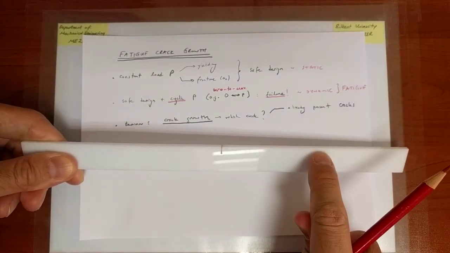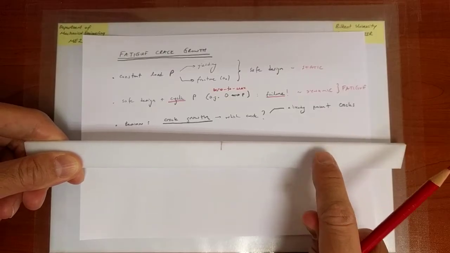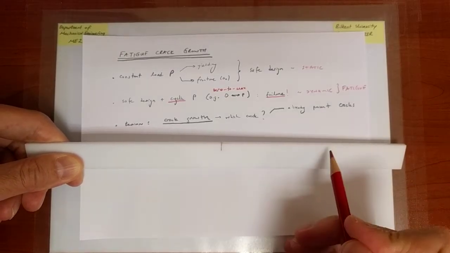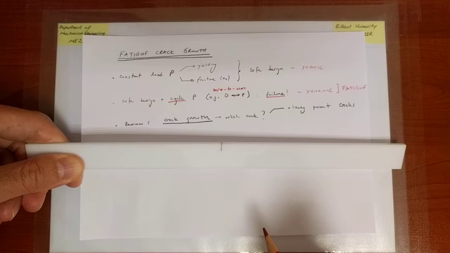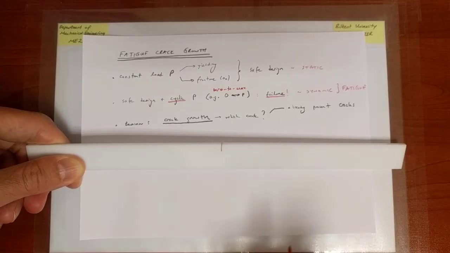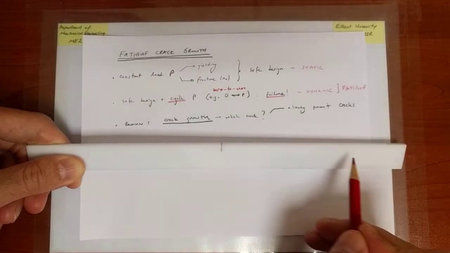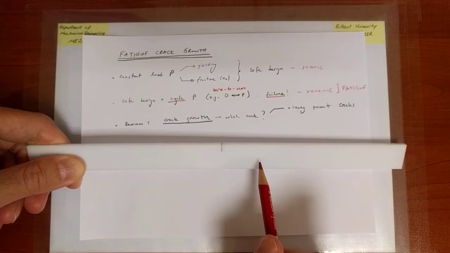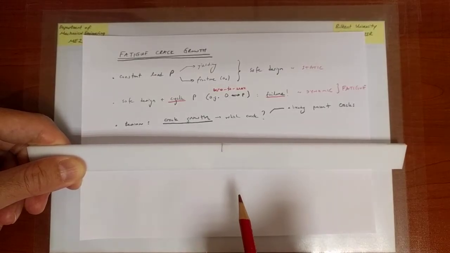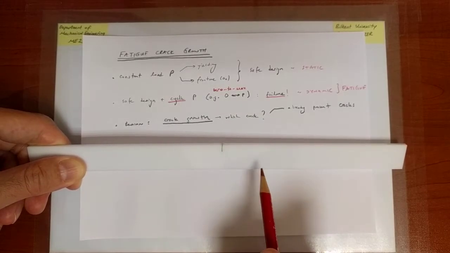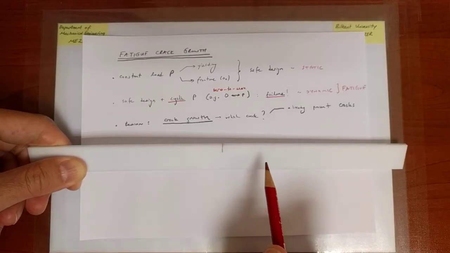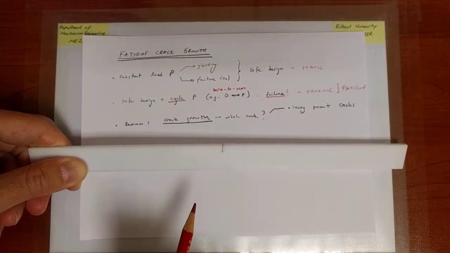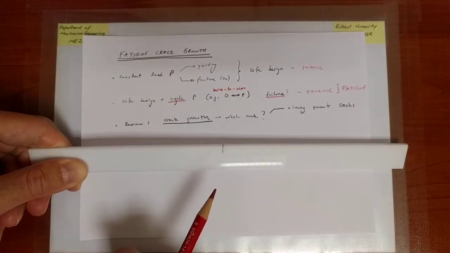Perhaps I don't see it with my eye, but the instrument tells me there is a crack at that point, and it's of size 3 micrometers, whatever. But if there is a crack in that structure that is less than the resolution of the instrument, then in this case, less than 1 micrometer, the crack is there and my instrument does not recognize it. It thinks that there is no crack.